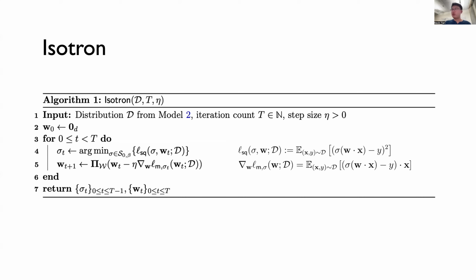And to introduce some notation, throughout this talk, we're only going to consider two types of losses. There's the squared loss, which has the standard definition here, as well as the matching and proper losses that I defined earlier, which are induced by a given link function. One thing to note is that the gradient of the matching loss has this nice form where it's the product of the current feature vector, which comes from the chain rule, as well as the current residual sigma(w dot x) minus y.